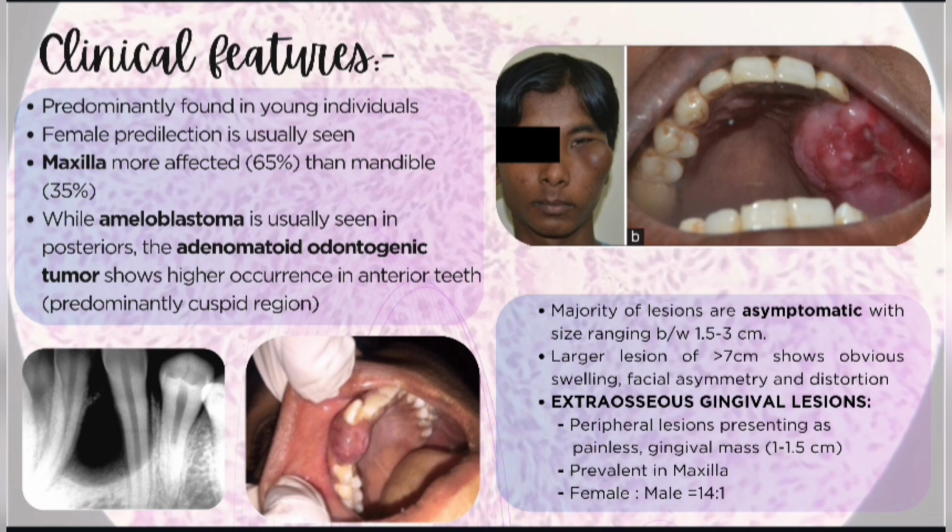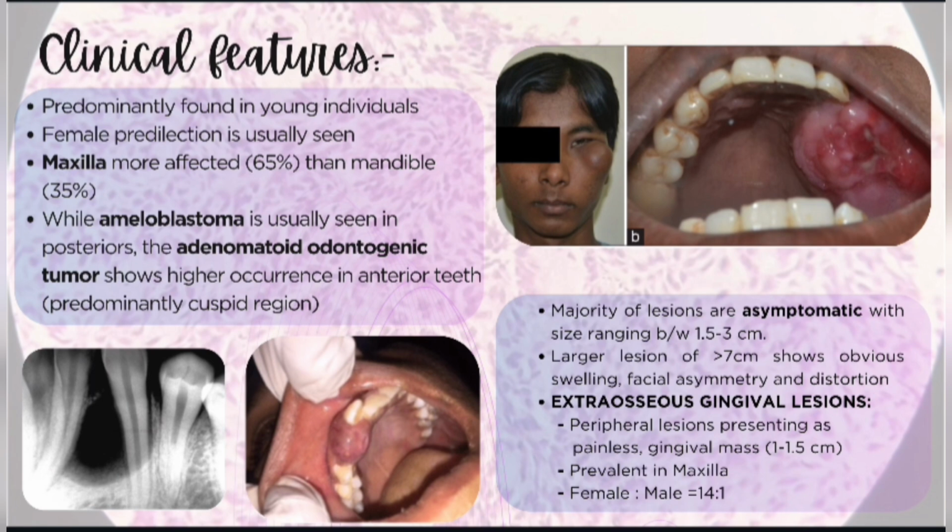Female predilection is usually seen, as I have told you, that it is a two-third tumor in which two-thirds of the cases are seen in female individuals. Maxilla is more affected. 65% of the cases are in maxilla, and mandible has 35% of the cases, roughly estimated data. So again, two-thirds of the cases are found in maxilla.